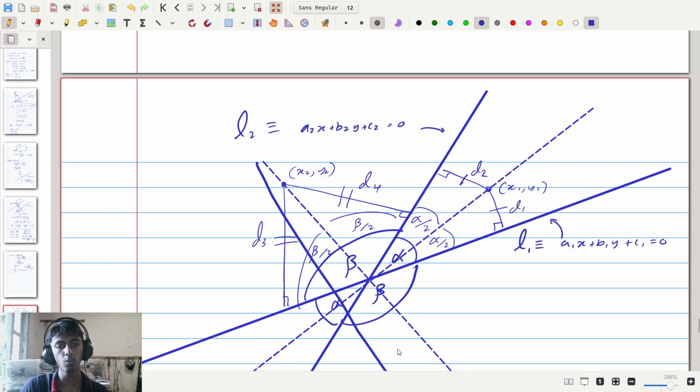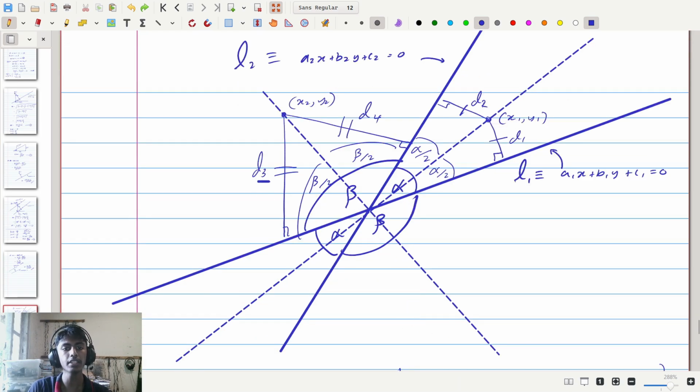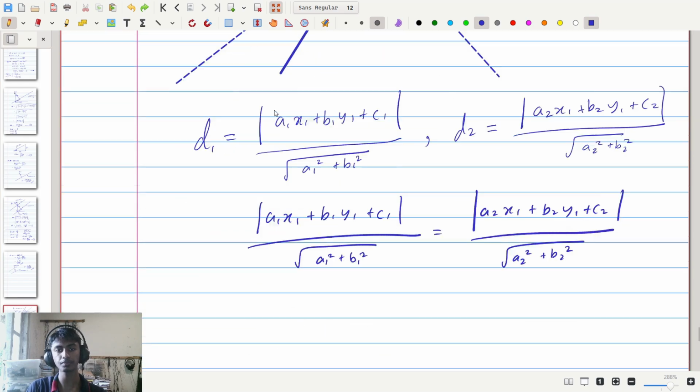Let's now see what condition we require for the second angle bisector, the angle bisector of beta. For that one, d3 must be equal to d4. Considering d3 is x2 y2's distance from L1 and d4 is x2 y2's distance from L2.